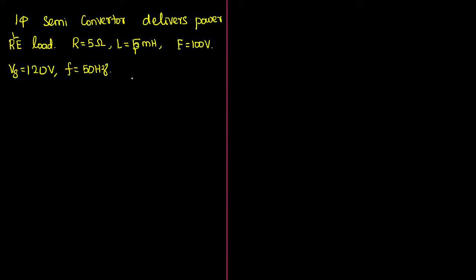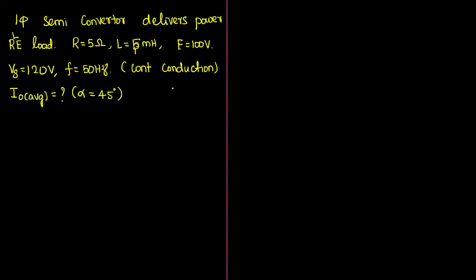Now the question is, it is having continuous conduction. Conduction is continuous. The average value of the output current is dash, whereas the value of alpha is clearly given as 45 degree.